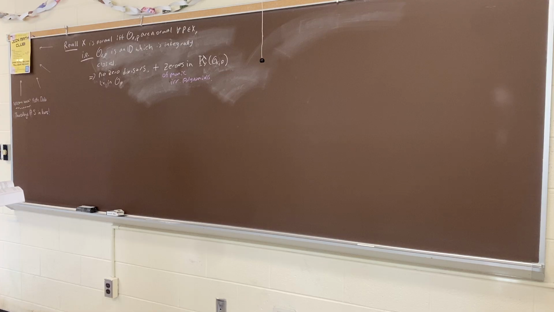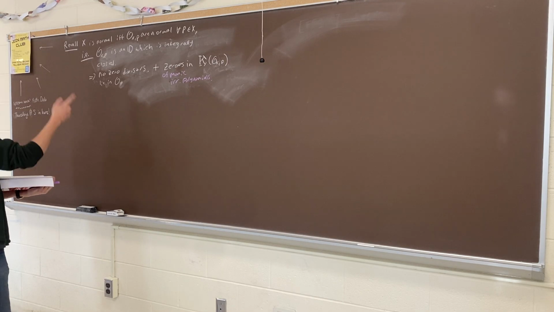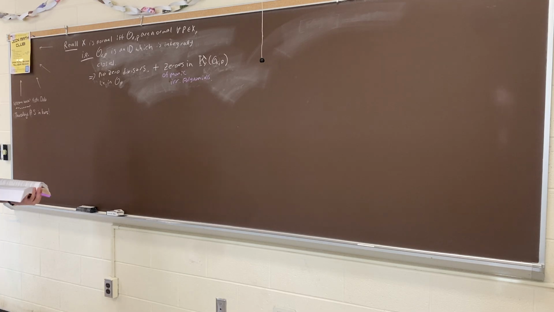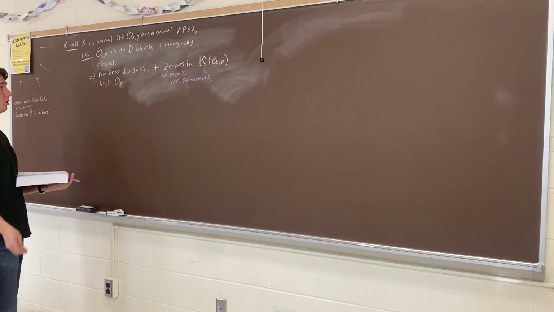I will also recall that factoriality implies normality. So if we can show that the stalks are unique factorization domains, then we get normality.